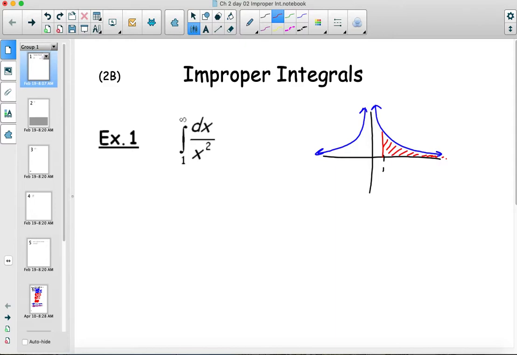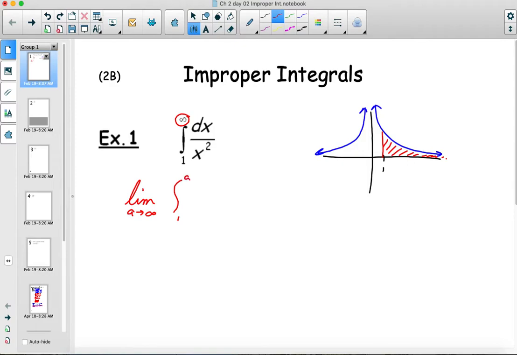So let's go ahead and do some calculations to see what we get for this problem. Before you can deal with integrals in the sense that we've done with antiderivatives, we have to deal with this infinity here. So we're going to rewrite this and say what's the limit, and pick some variable, I'll use a, as a approaches infinity of the integral from 1 to a.